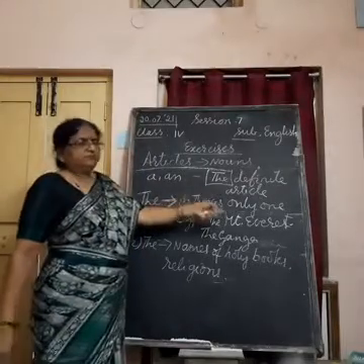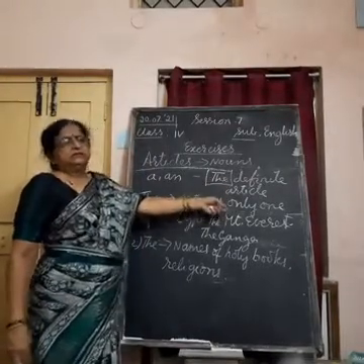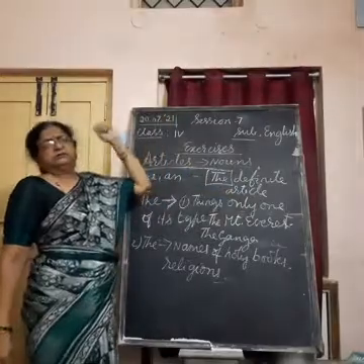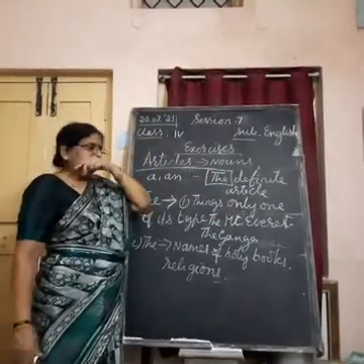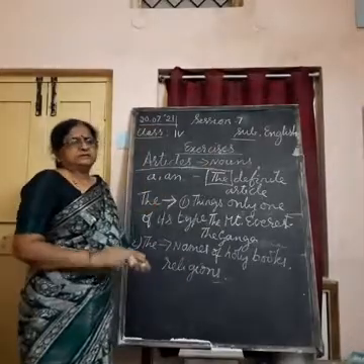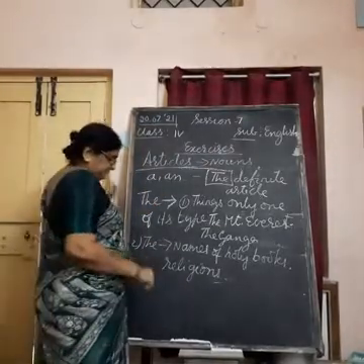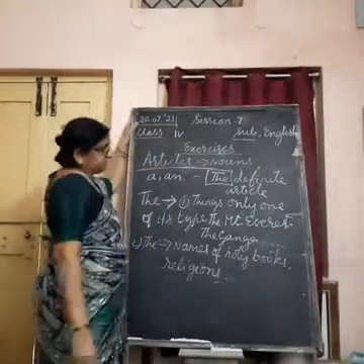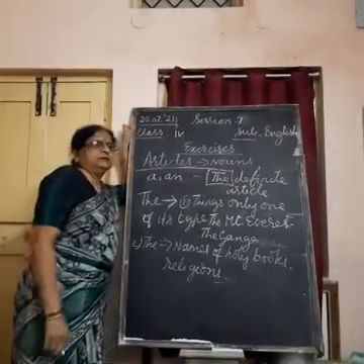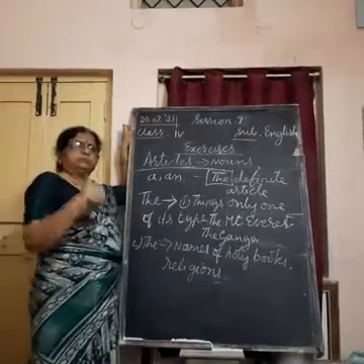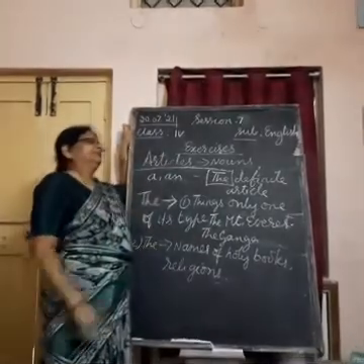Also with stars, the sun, the earth, planets names, you have to use the. Star, the sun. So religions, holy books. The Bible is the holy book of the Christians.